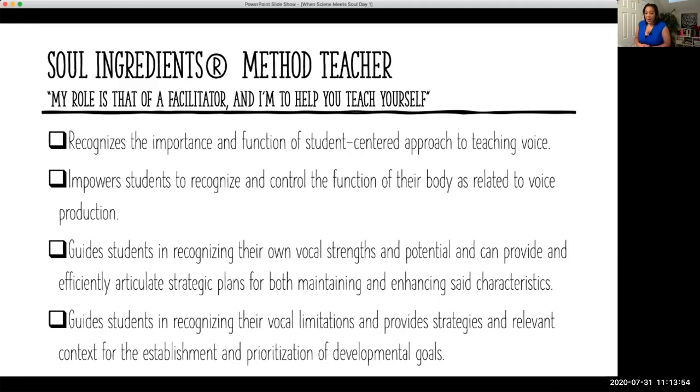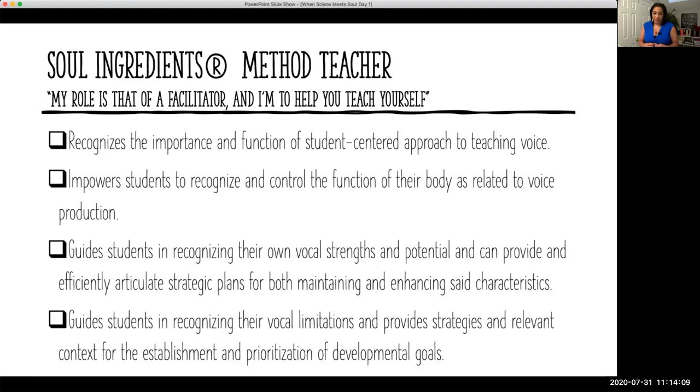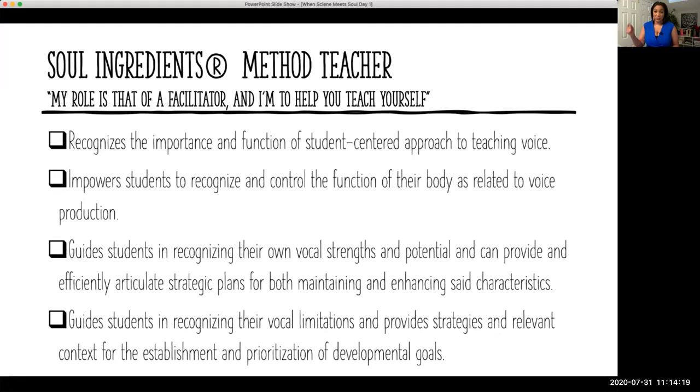Going back to the slide, a soul ingredients teacher recognizes the importance and function of a student-centered teaching approach. That means that what I'm giving the student is based upon the student's needs and desires with my monitoring. It is not me imposing what you should sound like.